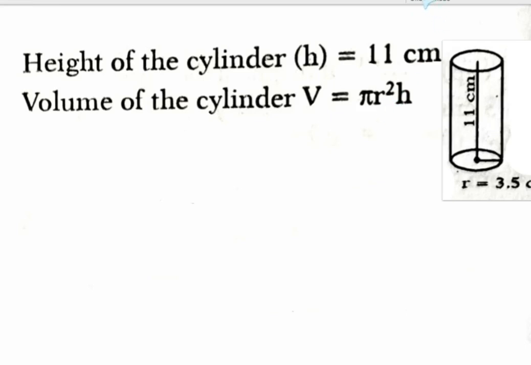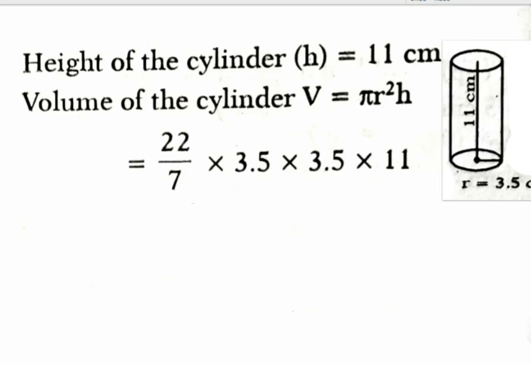We know the value of pi equal to 22 by 7, r equal to 3.5 into 3.5, and h is equal to 11. We can cancel 7 and 0.5 times, that equals 423.5 centimeter cube. This is one cylinder volume.